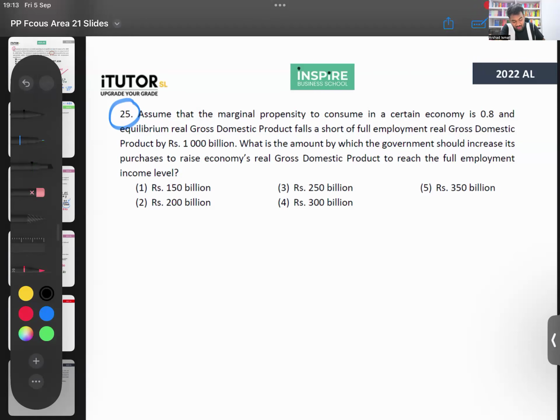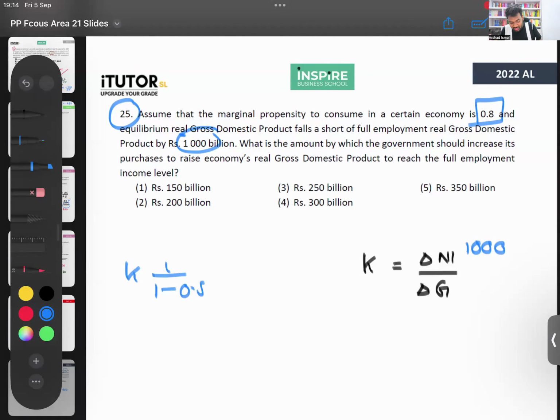So now what are they asking? Right? So they are saying you want national income to change by 1,000. They are saying equilibrium is 1,000 short of the full employment. So you want national income to change by 1,000. They are saying MPC is 0.8. So if my MPC is 0.8, how much is my government spending multiplier?